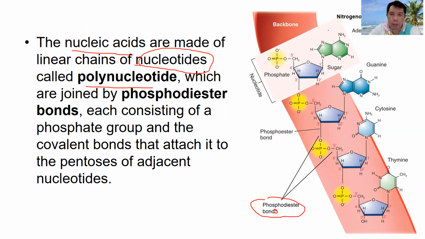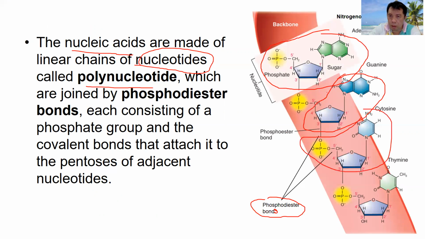First of all, you need to identify a nucleotide. So this here is one nucleotide. Then you can see the phosphodiester bond forms between the pentose and the phosphate group. They join at the 3' end here, so they form the phosphodiester bond, referring to these two.